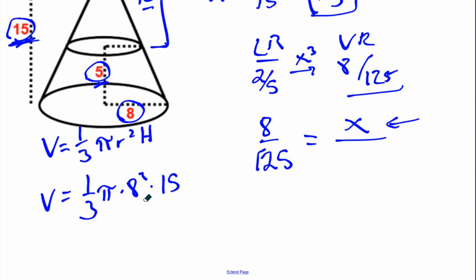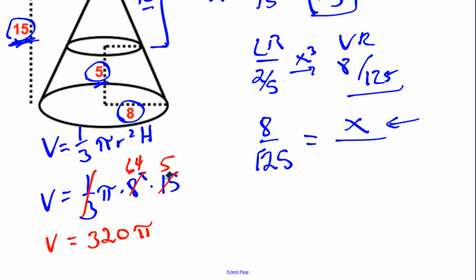You could type all that into the calculator and get your answer here. I'm going to manipulate this a little bit, just doing a little math. 1/3 of 15 is 5. 8 squared is 64. So that gives me 5 times 64, which is 320 times pi.